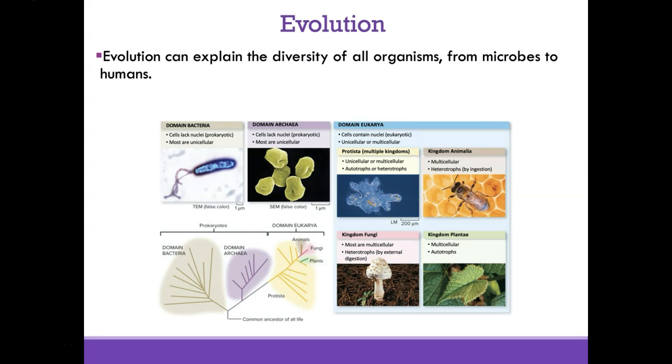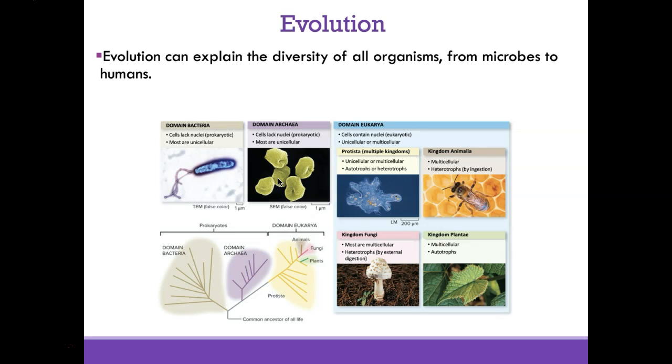We started talking about evolution in Chapter 1, and evolution can explain both the unity and diversity of all organisms, from the smallest microbes, like bacteria and archaea, to us humans. Just 250 years ago, nobody knew how old Earth was. 150 years ago, most scientists, even though they knew Earth was millions of years old, still believed that there was a divine creator of all organisms.